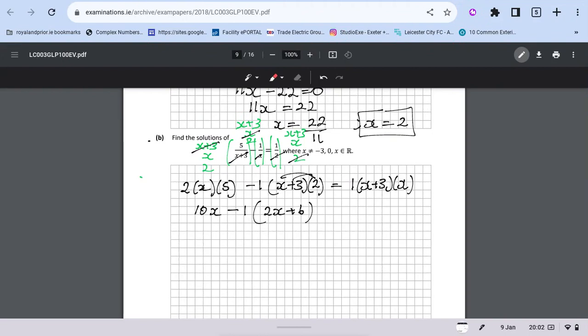Doesn't matter what order you multiply those in. I'm just a wee bit wary of the minus. I'm going to save that to the end. So I remember to change the sign of everything. Is equal to x times x plus 3 is x squared plus 3x. And 1 times anything is just going to stay the same. So now I'm going to multiply in this minus 1.